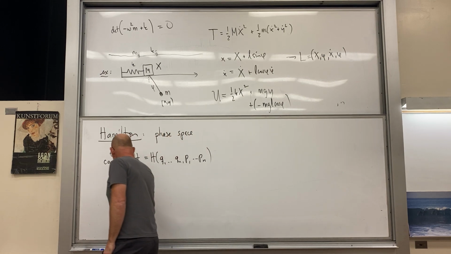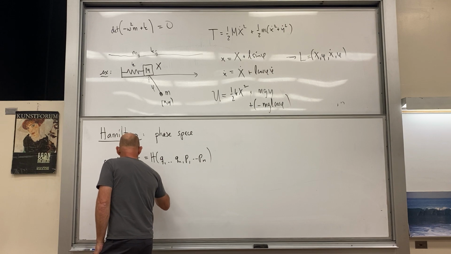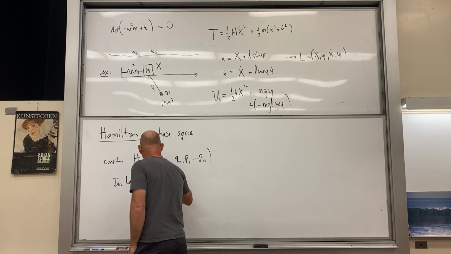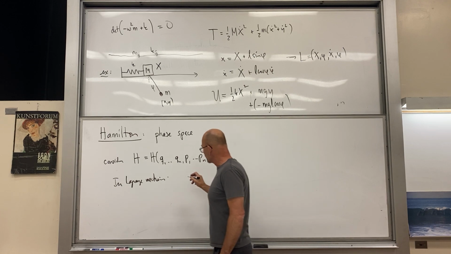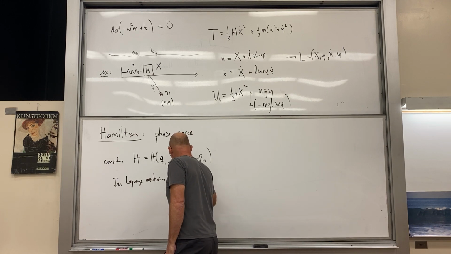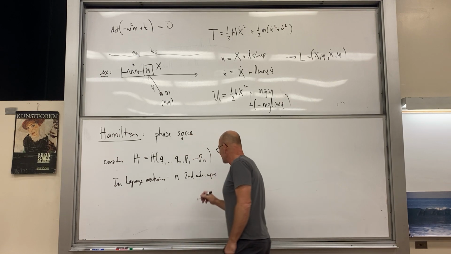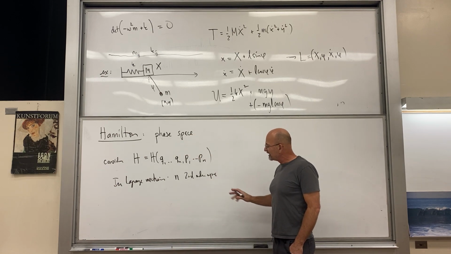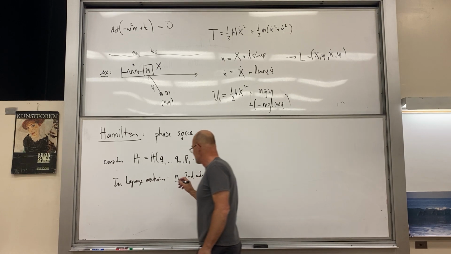So in Lagrangian mechanics, we have n second order differential equations, n second order equations, and the space of coordinates is referred to as the configuration space.